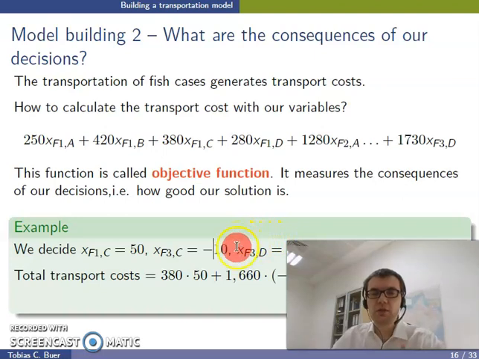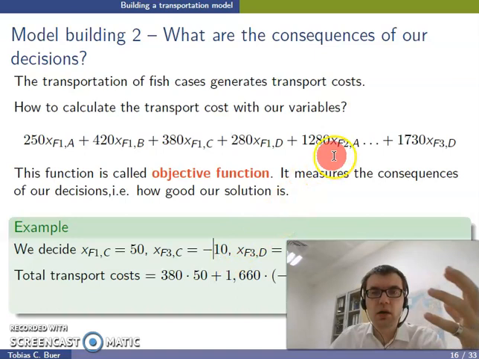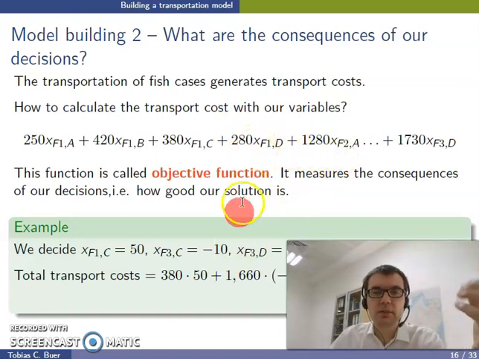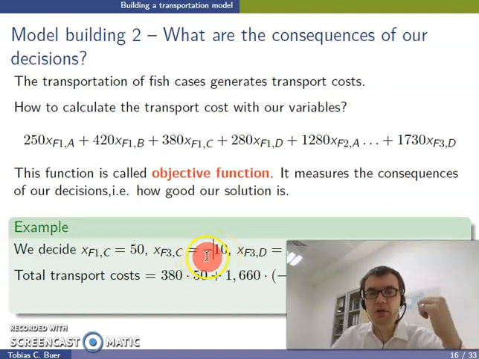So that means we need to extend our model to allow only, let's say, reasonable decisions. In this context, it seems to make no sense to allow a transportation of a negative number of boxes.